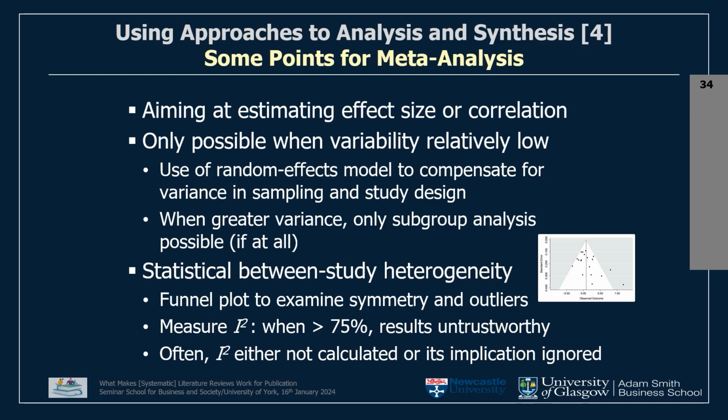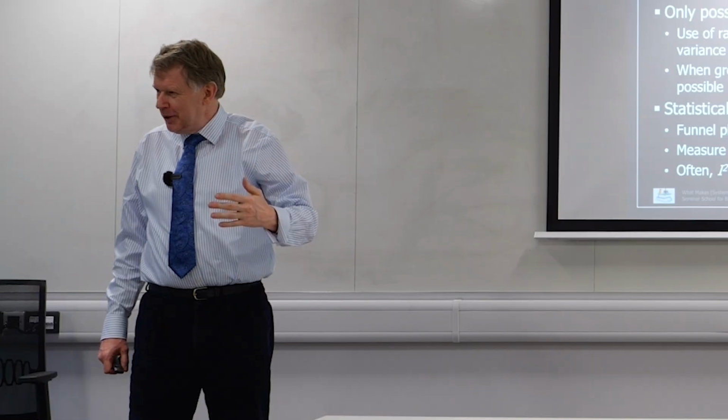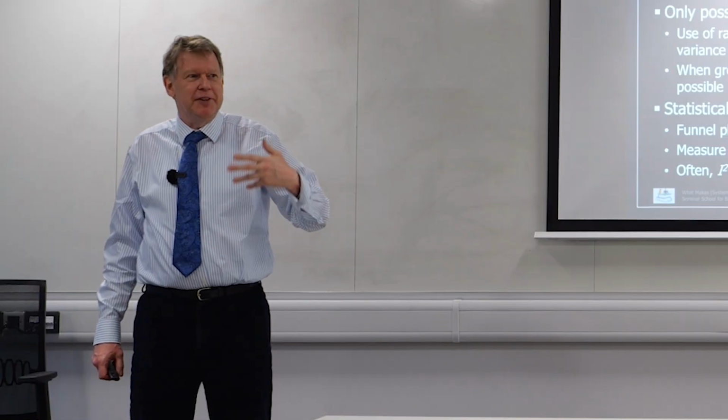If the variability gets too much, you can only do what is called subgroup analysis. So you can't look at the total set of studies anymore, but you can only look at subgroups of studies. So going back to the early childbirth, 2,800 studies from different people, different surgeons, different academics.